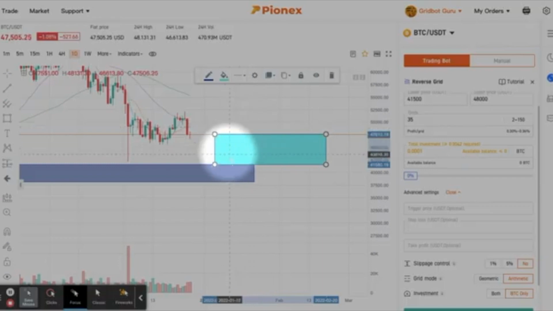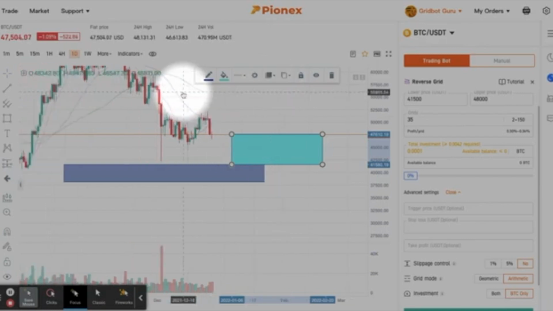The other side is, if it comes down to 41.5 and it comes back up and you didn't set anything and then it hits that 48,000, it's going to close the bot. It will not sell your coins. It will keep all your coins as your investment, and it will have bought all the coins, and then it'll keep going.